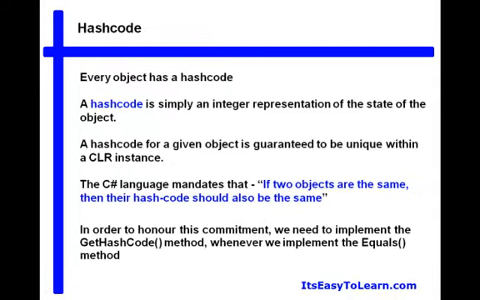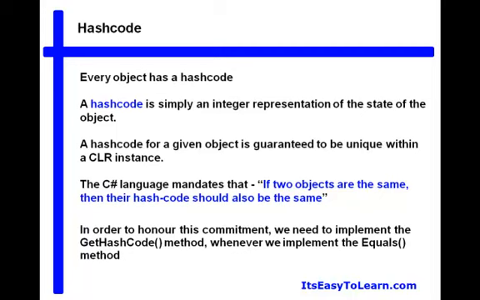So we saw the implementation of the equals method. One important concept which we need to understand is the hash code. Every object has a hash code. A hash code is simply an integer representation of the state of the object. A hash code for a given object is guaranteed to be unique within a CLR instance.